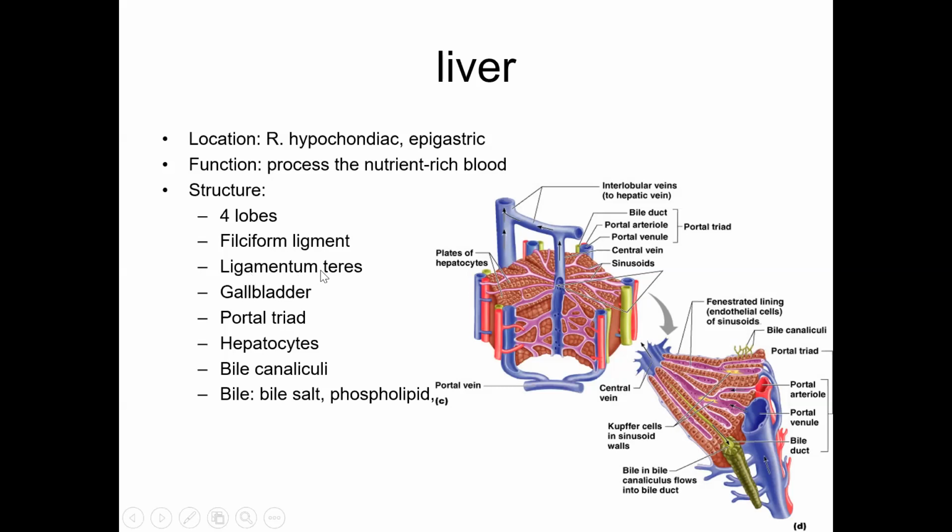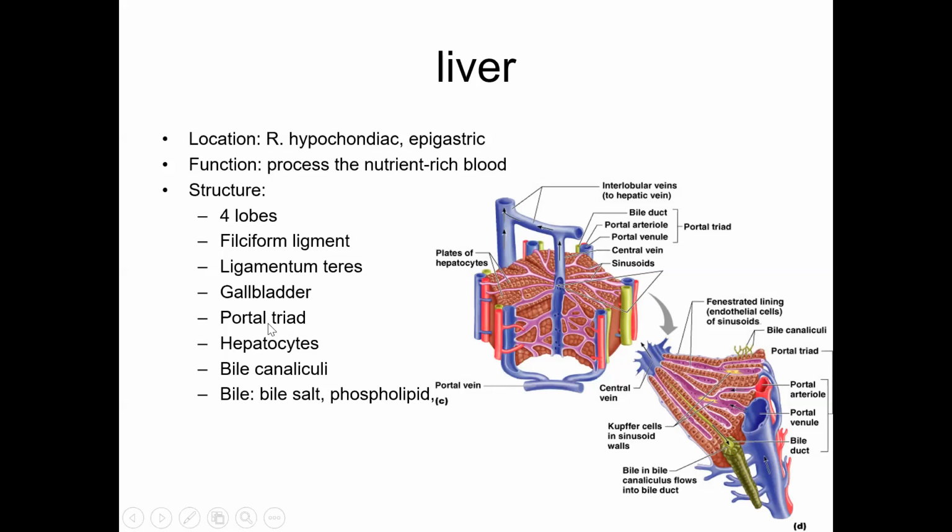This umbilical vein in the adult becomes the ligamentum teres. It is also called the round ligament. Right? Some books call it the round ligament. And then a part of the liver structure is called the gallbladder, which is the location to store the bile.